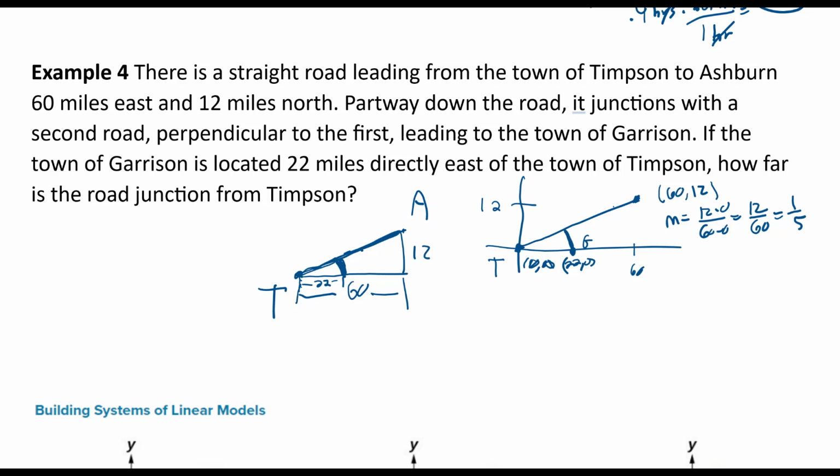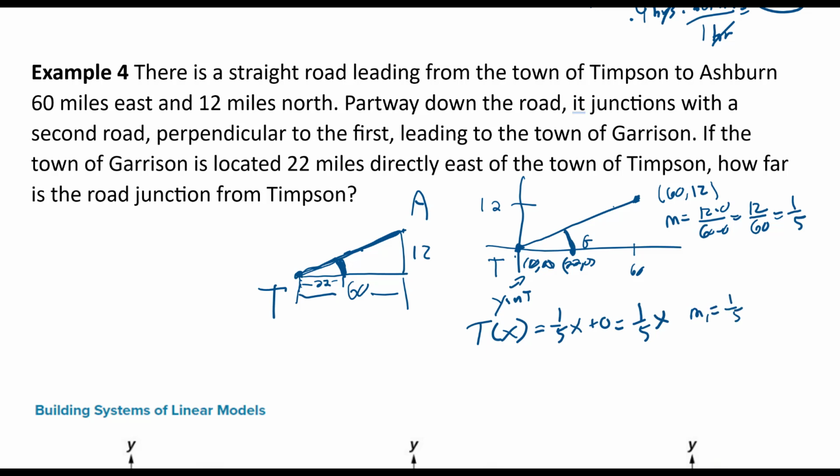Call that point G. So our formula, and we know it goes through the origin, so that's going to be our y-intercept. It would be that t of x is going to be equal to 1/5 x plus 0, which is 1/5 x. And our slope there then is going to be 1/5.